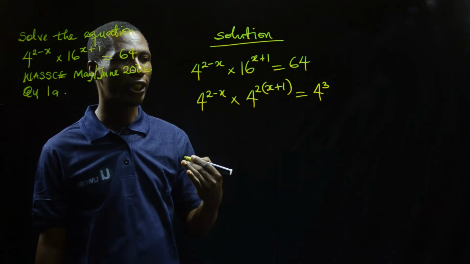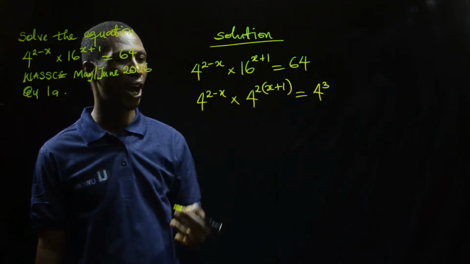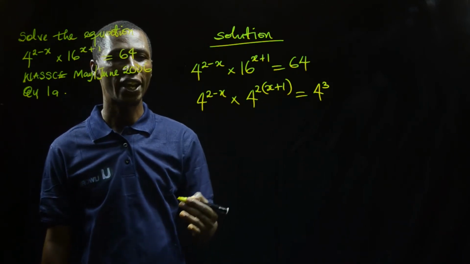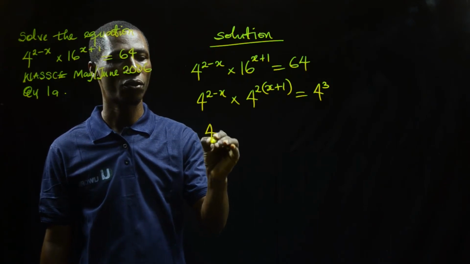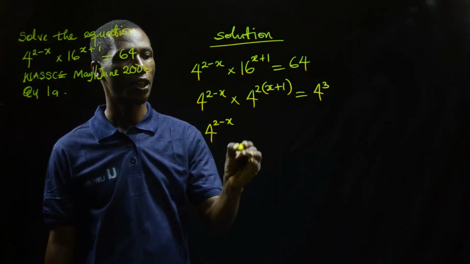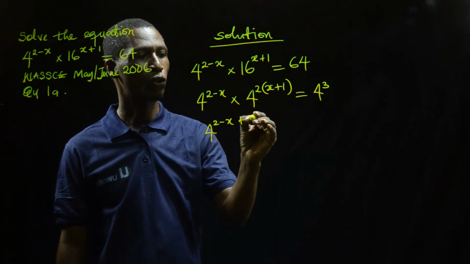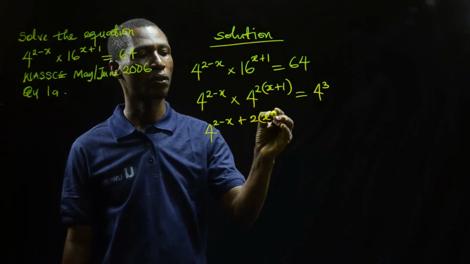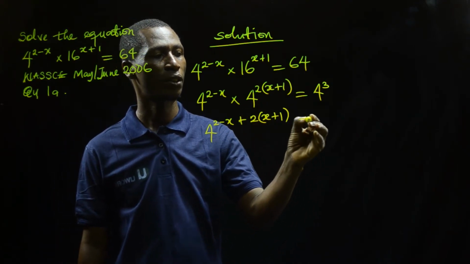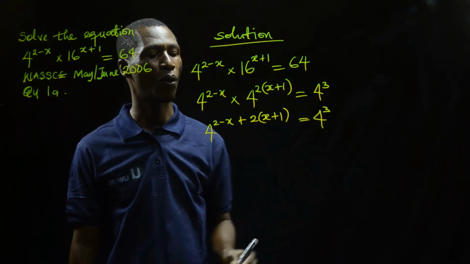Now, from the law that we know, when we are multiplying, we add the exponents. So adding the exponents, we get 4 to the power 2 minus x plus 2 times x plus 1, equals 4 to the power 3.